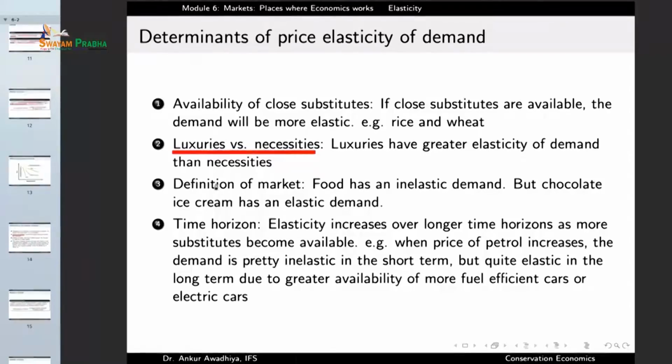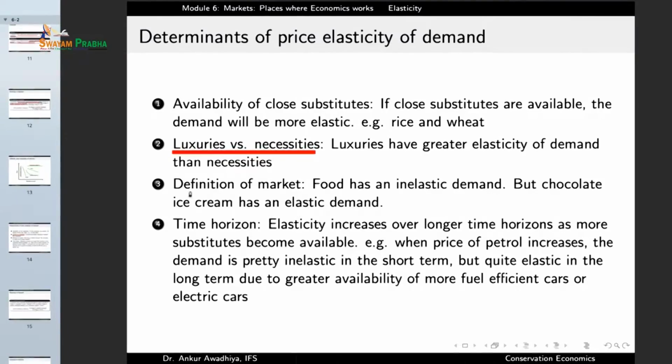But with a luxury item, say ornaments, if the price of gold increases, it is possible that people will decrease the amount of money they put into gold. They may start to purchase stocks or land instead, because gold is not a necessity, it is a luxury. In the case of necessities, the demand curve is very inelastic. In the case of luxuries, the demand curve is very elastic, because here again you can shift to something else. You have the option.